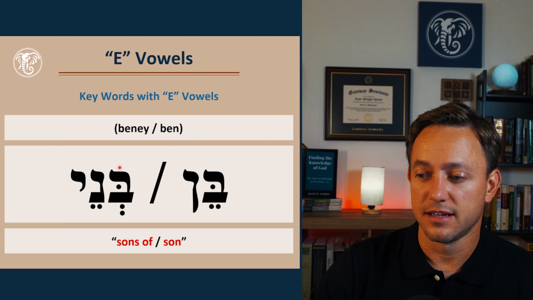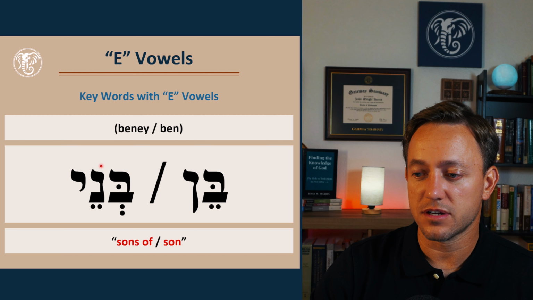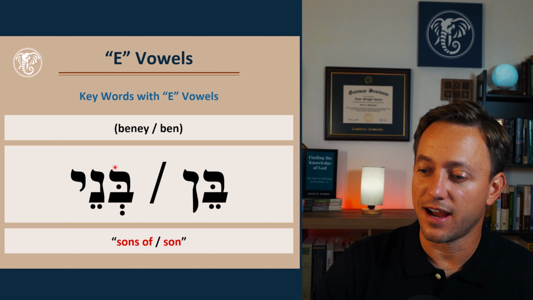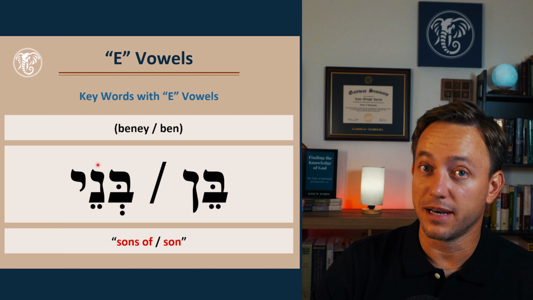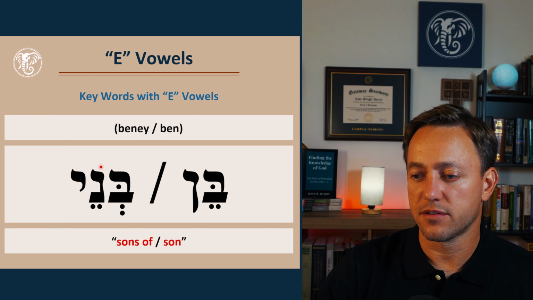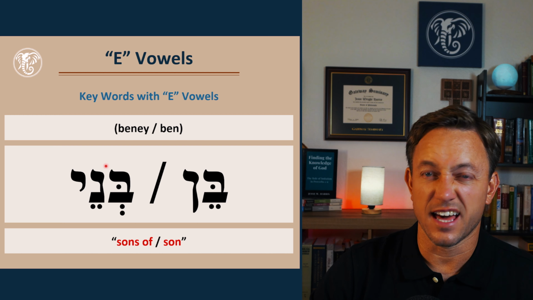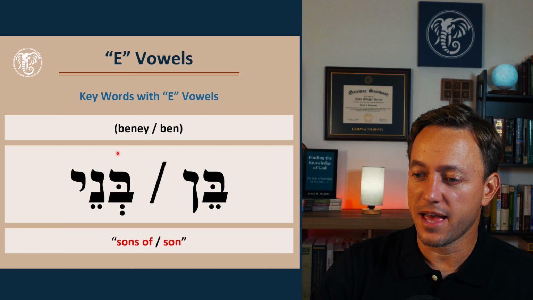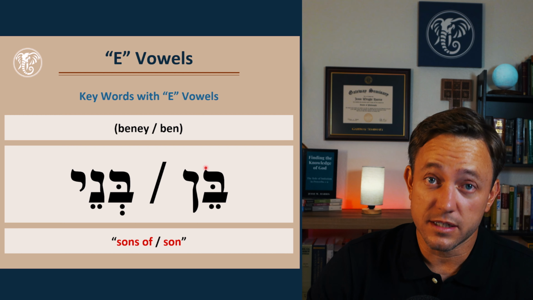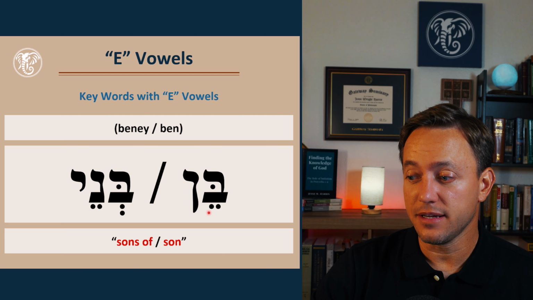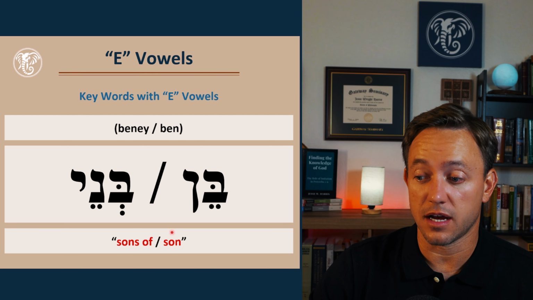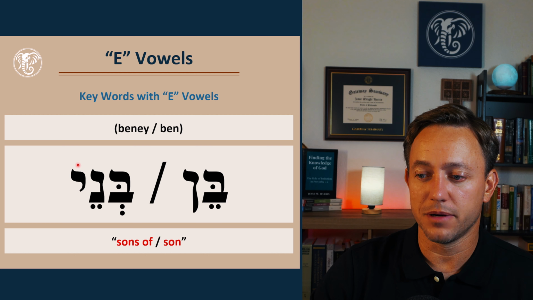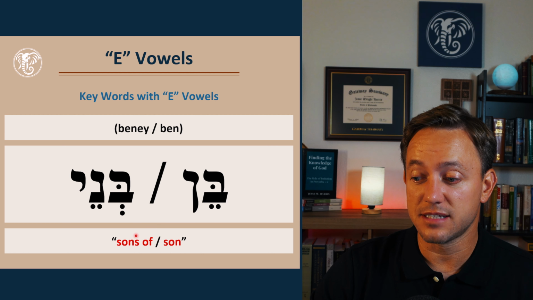So you notice how it's B'nai, kind of said together a little bit. So we have Ben and B'nai. And what's the difference? Well, Ben, with just the sere, is a son, singular, one son. But B'nai actually means sons, so it's plural, sons of.